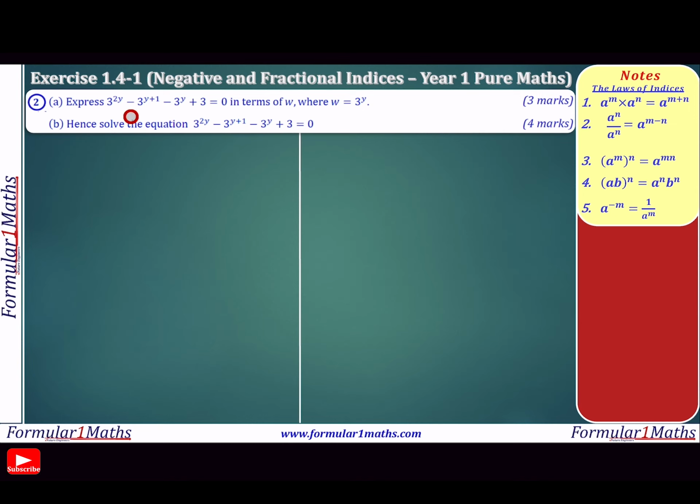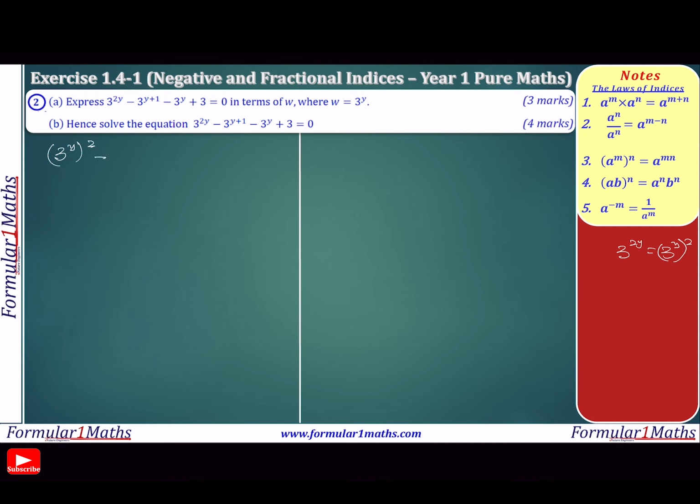So we need to rewrite this equation here. We can do that by writing 3 to the power 2y as 3 to the power y, all of that squared. And so if I do that, I'm going to get 3 to the power y all squared minus.